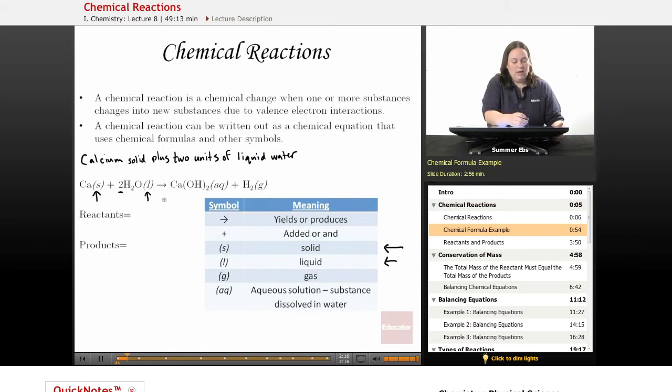And then the arrow that points to the side, it always points to the right, that's the reaction arrow. It means yields. So our calcium plus 2 units of liquid water yields, or produces, calcium hydroxide.